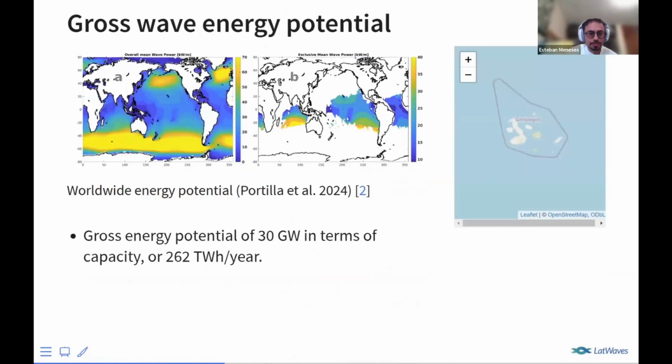As gross wave energy potential of wave energy converters, we took 40 years of data, and we can see in this map that the wave power is concentrated in extratropical areas, both in the north and south.